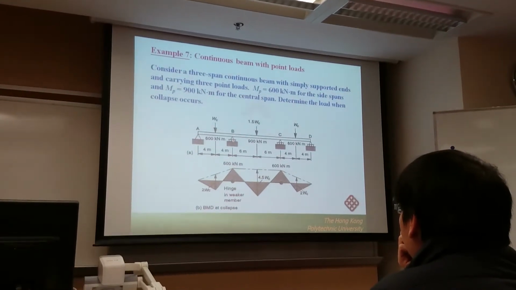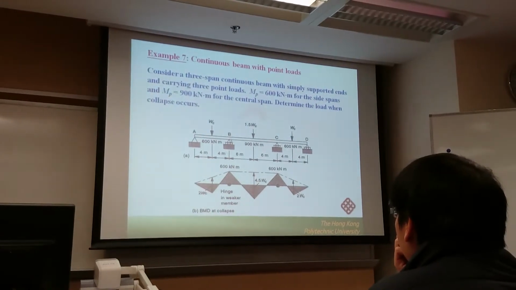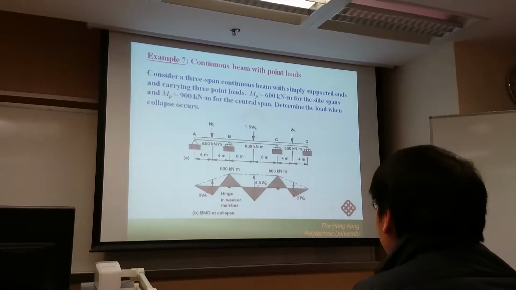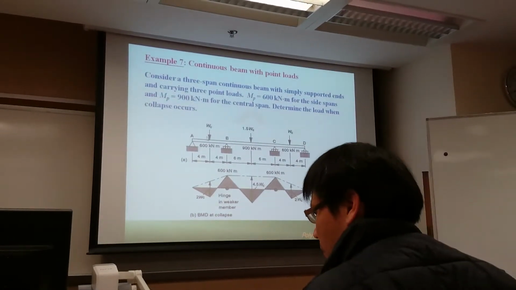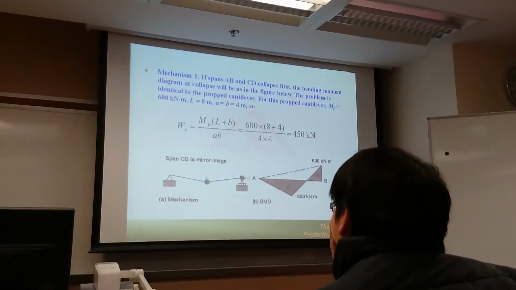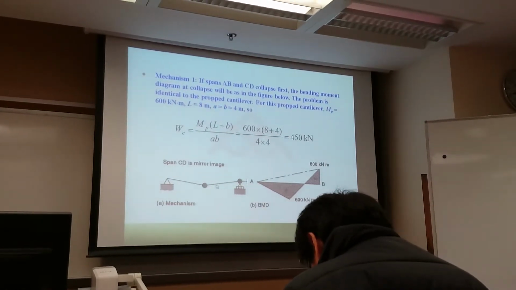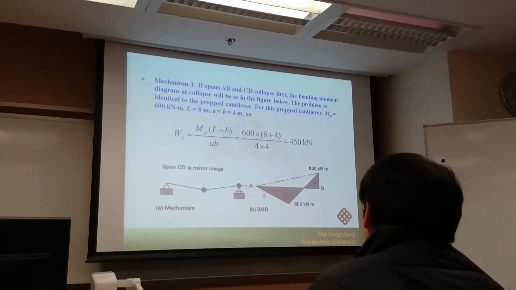According to rule 1, the section at point B is a plastic hinge because this is a restrained end. And according to rule 2, the force application location is a plastic hinge location. So in the first case, for the collapse of the first span, we have two plastic hinges.